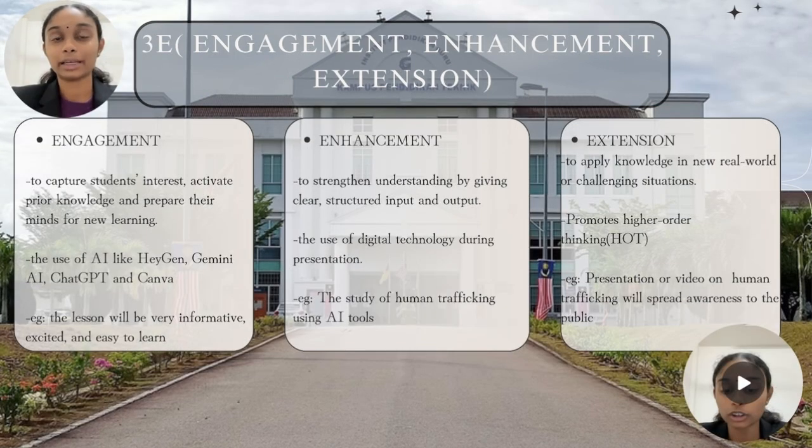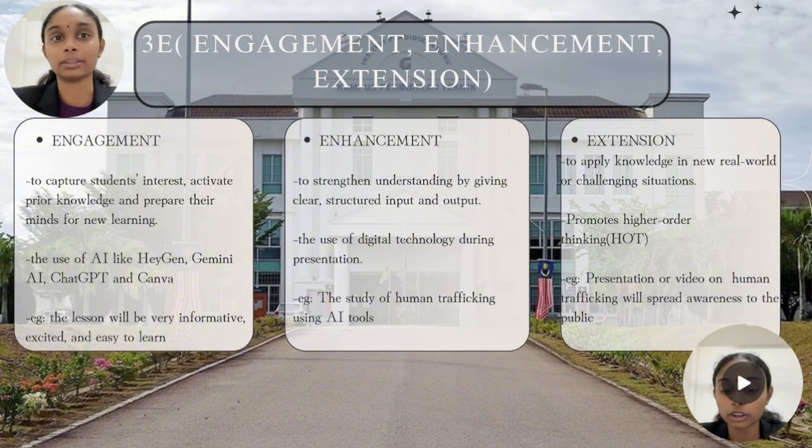I will be explaining one of the KPPB elements, which is 3E, referring to engagement, enhancement, and extension. First, I will be explaining engagement. Engagement refers to capturing students' interest, activating prior knowledge, and preparing their minds for new learning.